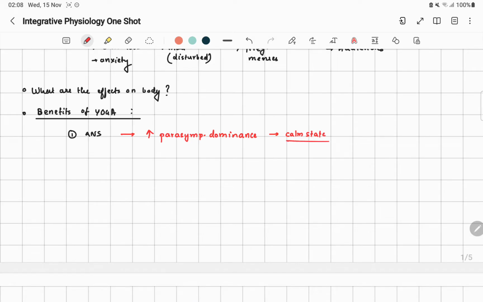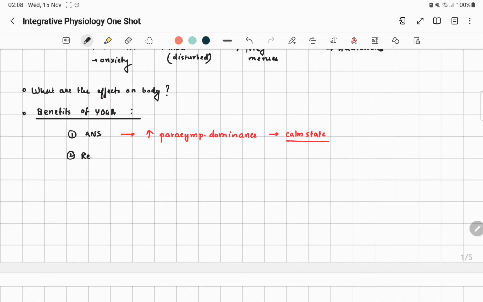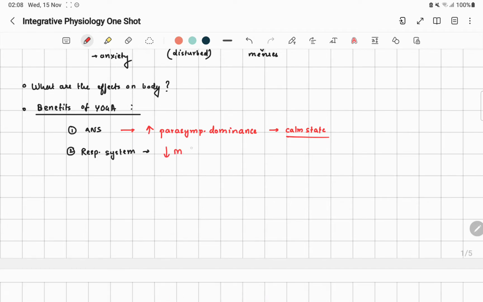Understood? After that, what are the effects on the respiratory system? On the respiratory system, due to reduced sympathetic dominance and increased parasympathetic dominance, there is reduced minute ventilation.